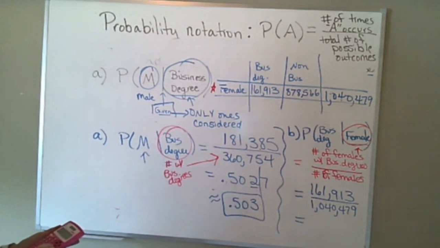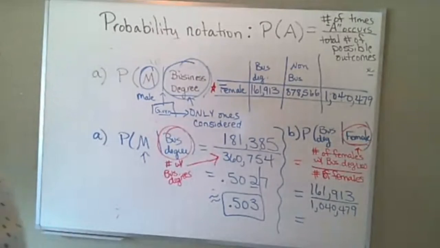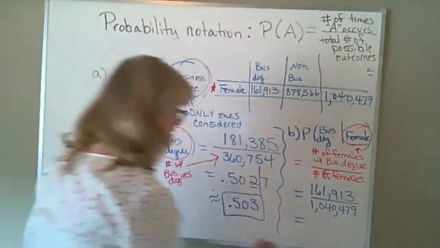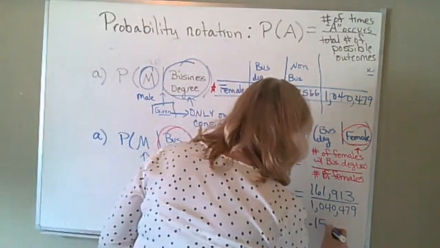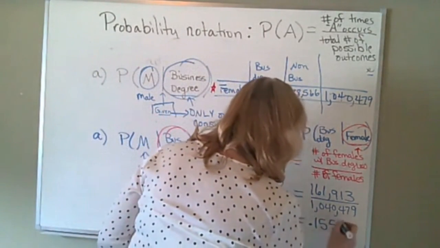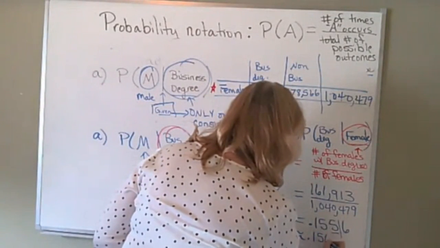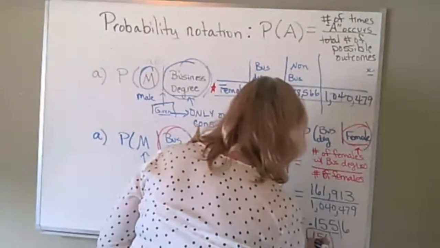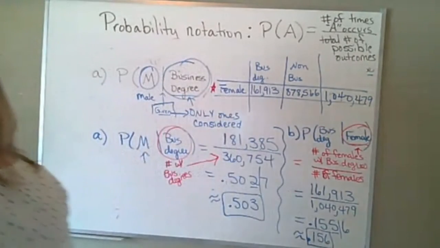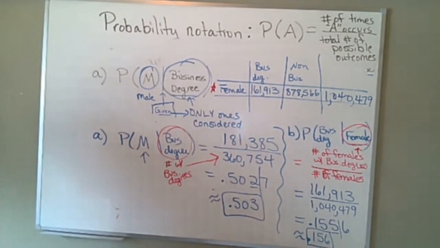So on mine, I get 0.1556. So I'm thinking on mine it is 0.156.